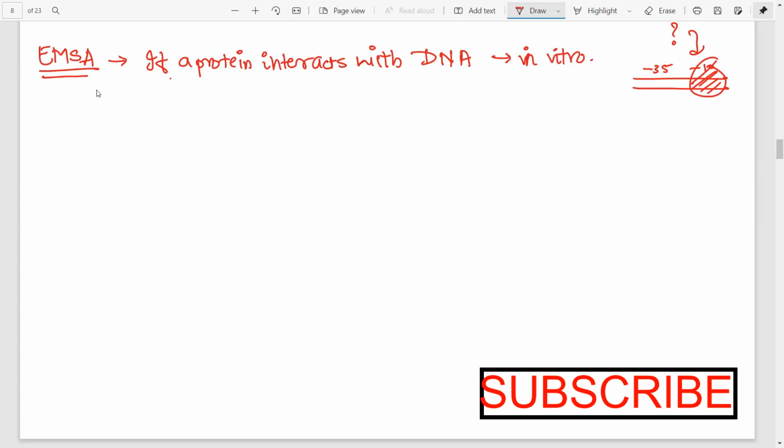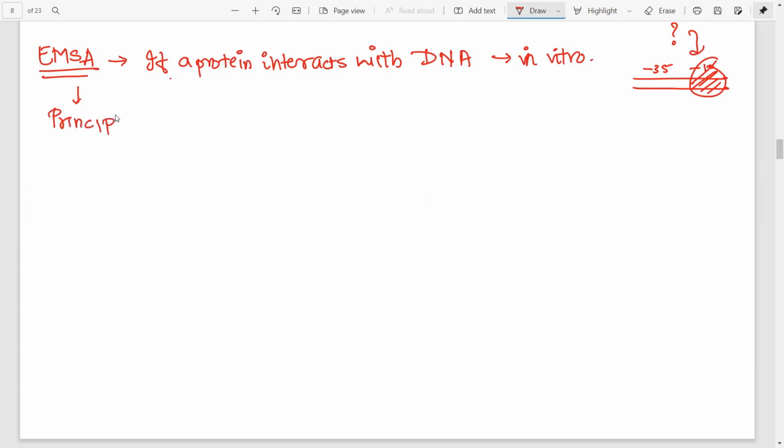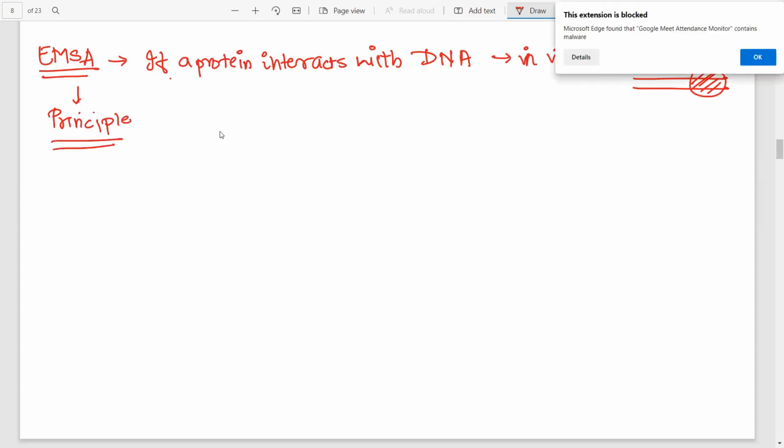Now, after you come to know when you should do EMSA, we should see what the principle behind EMSA is. So you will first discuss a case 1. Now, this is an electrophoresis gel, and these are the wells over here.